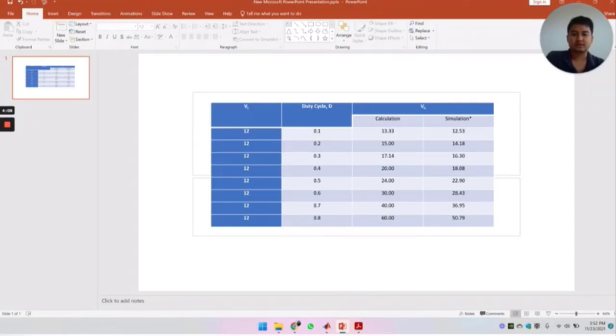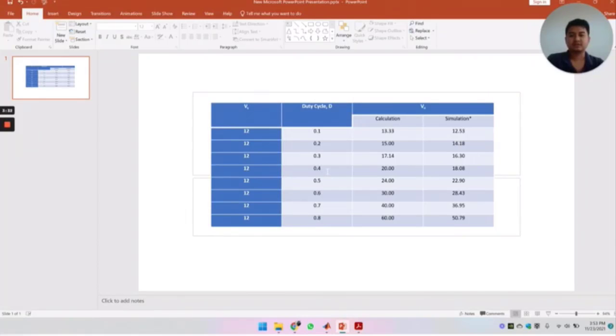So we have the calculation here. For duty cycle 0.1, the calculation value is 13.33, but the simulation is 12.53. For duty cycle 0.2, we get from the calculation 15, but the simulation is 14.18. For duty cycle 0.3, the calculation value is 17.14, but the simulation is 16.30.